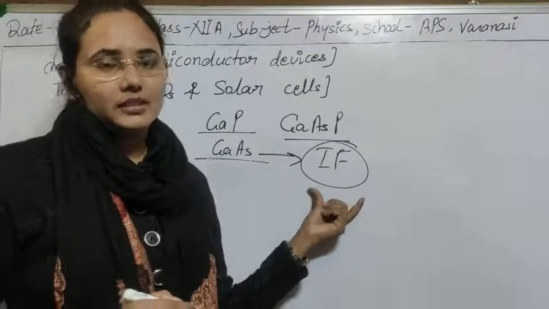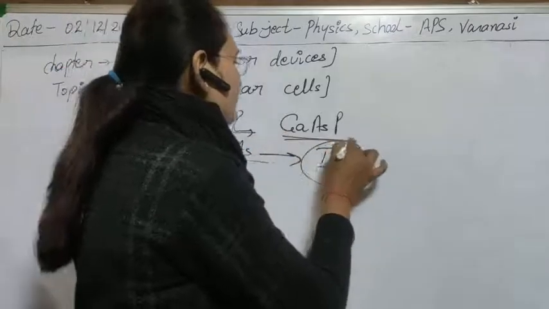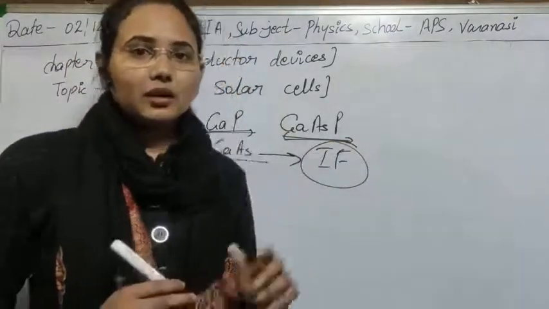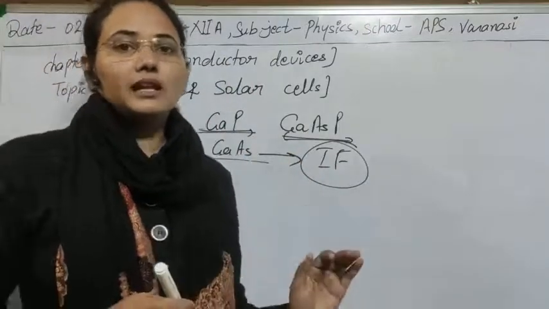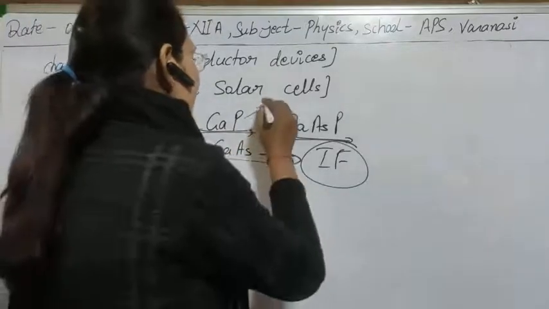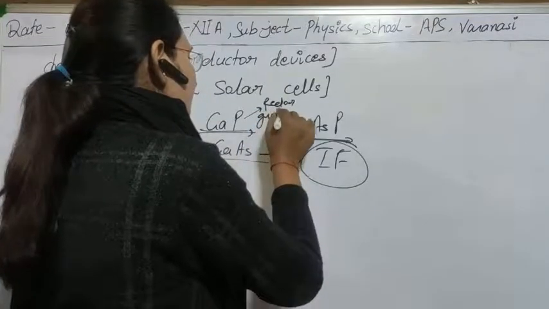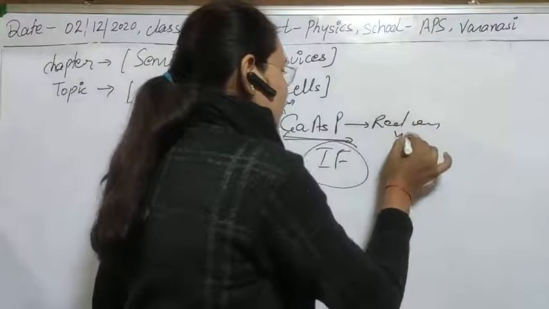But when we use gallium phosphide and gallium arsenide phosphide, the radiation emitted lies in the visible light range, and the light obtained is red or green, and red or yellow.